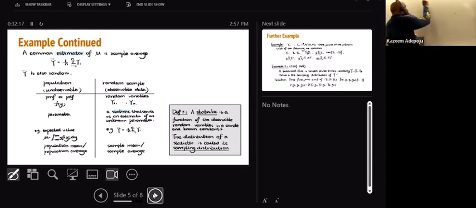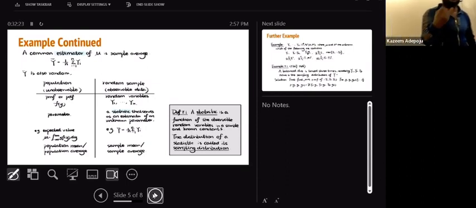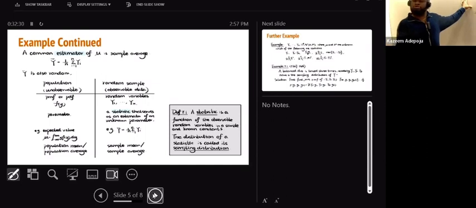That formula is called an estimator. There's a difference between estimator and estimate. An estimator is a formula or method used in the estimation process, which you use on a sample. Then the estimate is the value that you got.